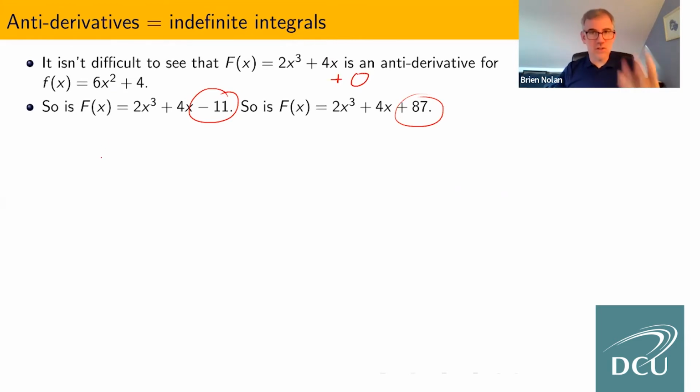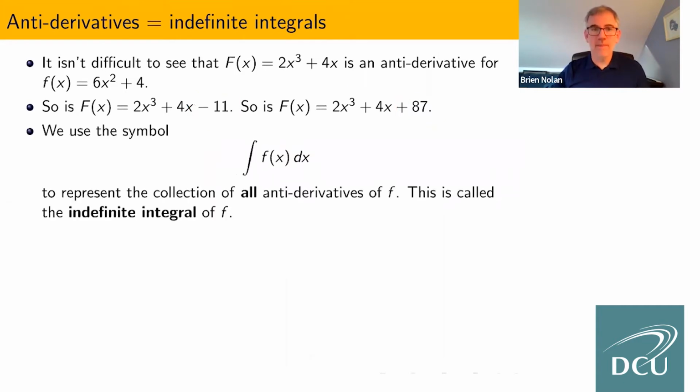It's not hard to see that that's always going to happen. I can always just add in a constant number, because when I differentiate that constant, it goes away. So if you give me one antiderivative, I can add any constant number and I'll have another antiderivative. And then you could add another constant number and it would still be an antiderivative. So if we have one antiderivative, there are actually infinitely many other antiderivatives, all of which just differ by constant numbers.